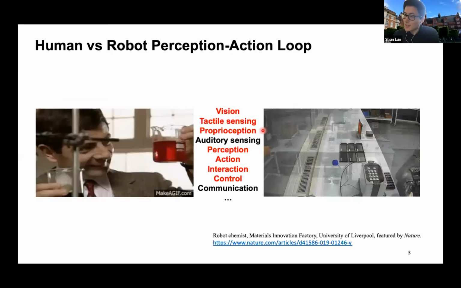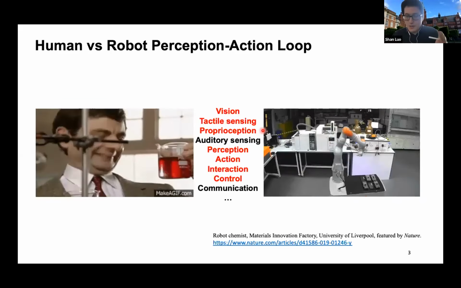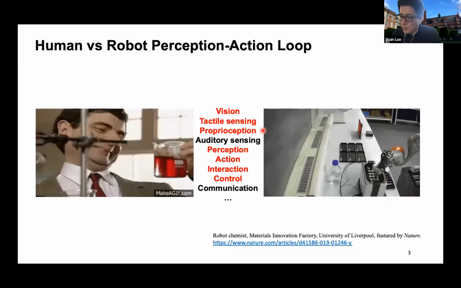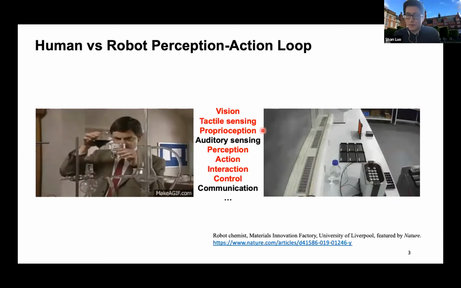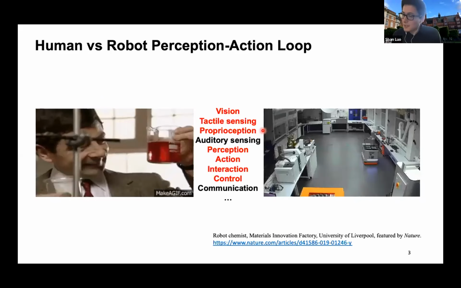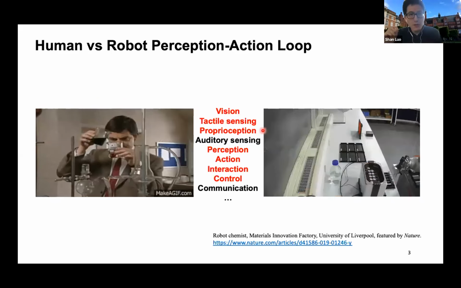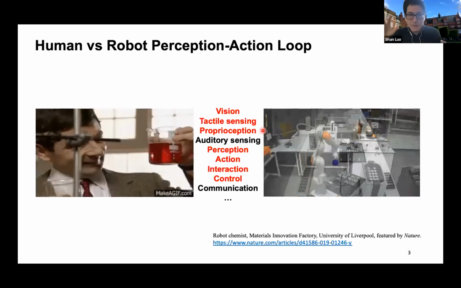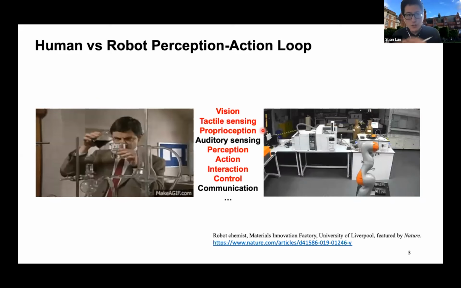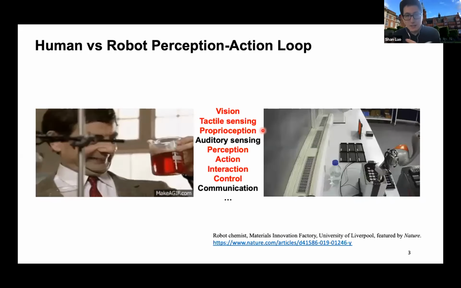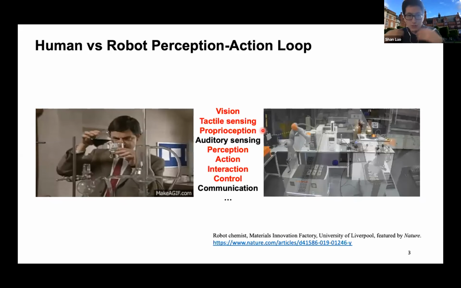So by comparing these two scenarios, one is human operator, one is robot chemist, you can see in both scenarios we use vision, tactile sensing, proprioception to observe the environment. But if you think about these two different scenarios, we humans always make use of multimodal information, vision, tactile sensing, and other information together to do the action, to perceive the world.